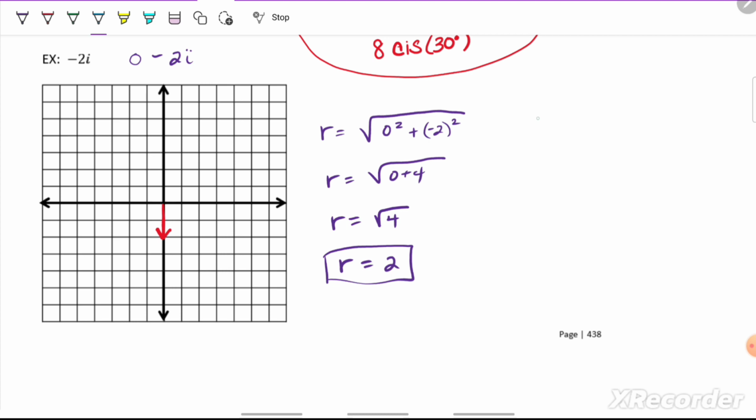To find our theta, we'll use the fact that tangent of theta is equal to y over x. Y is negative 2, x is 0. So this is undefined. So when we're thinking for our theta, we're trying to think about when is tangent undefined.